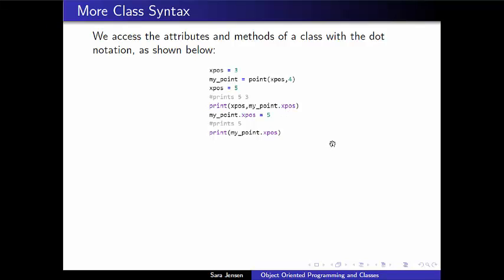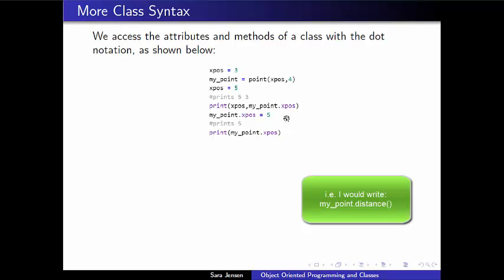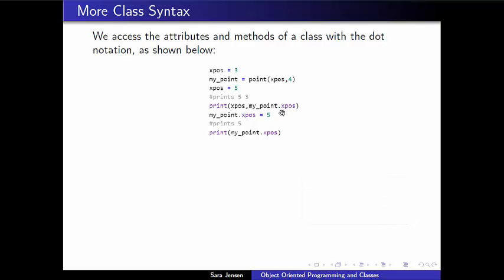We also had a method of the point class, which was that distance method, and because that is a method or a function and not an object, if I were to call myPoint.distance, I would need to follow the distance with that open and close set of parentheses, because that's the way that I make function calls, whereas when I'm just accessing objects, I don't need that open and close parentheses.